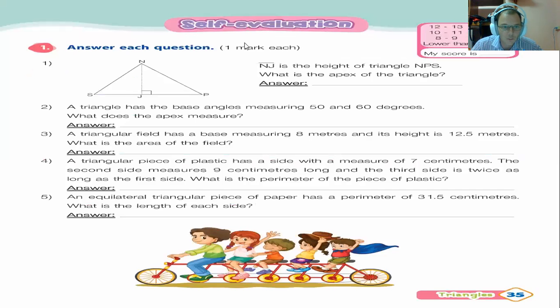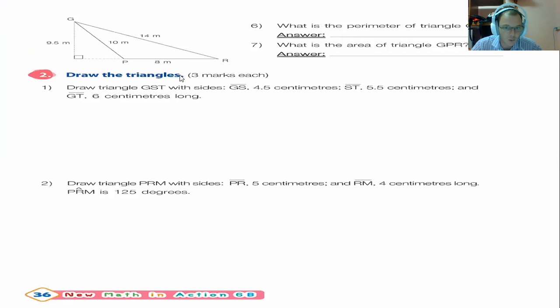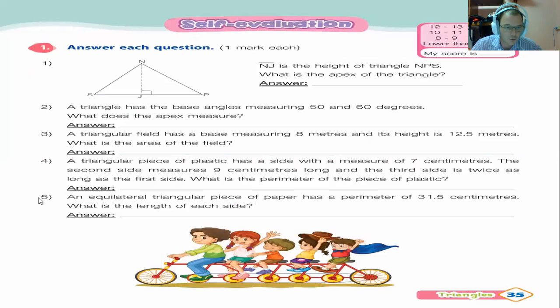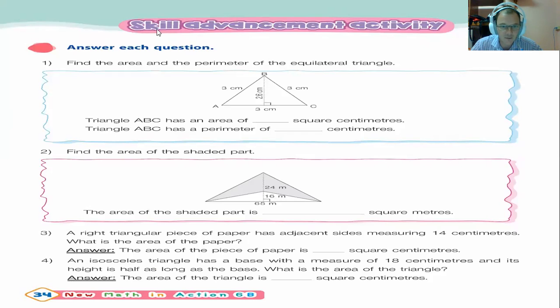Question 1 here, skill evaluation, has 7 questions, 1 to 7, and then 2 more. And then a skill advancement is also part of something we have to do. So 34, 35, 36 is going to be your homework. I will also send it to you in the Line group so that you understand and get the information clearly.